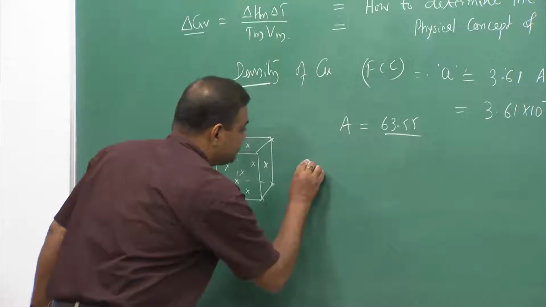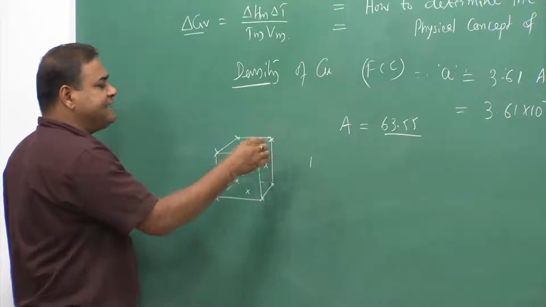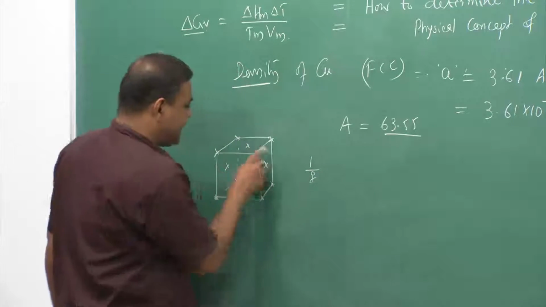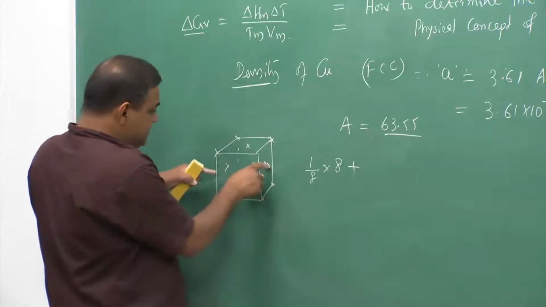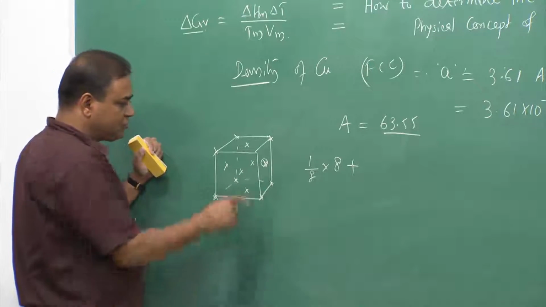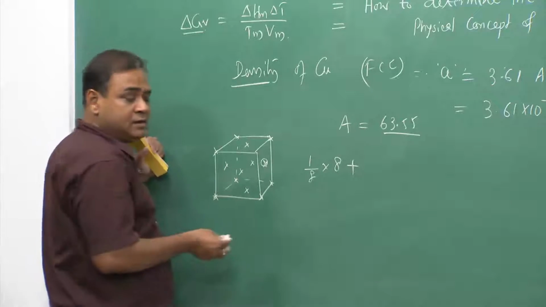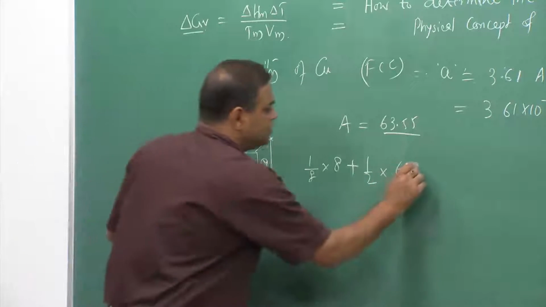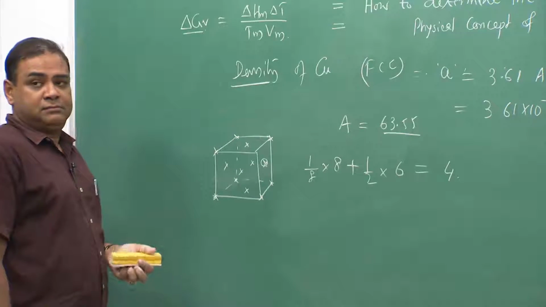Each corner atom has a 1/8 contribution to the unit cell, so 1/8 into 8 corner atoms, plus the face atoms, which are shared by 2 unit cells, so the contribution of each would be half to 1 unit cell. So, half into 6 such atoms. It becomes 4. So, 4 atoms per unit cell.